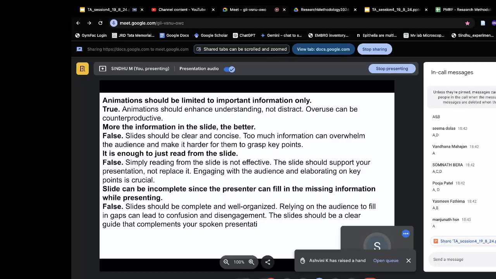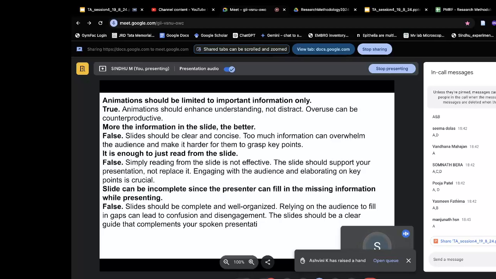Option C, it is enough to just read from the slide. Reading from the slide is not enough, because then the audience may not be able to connect with us. Option D, slide can be incomplete since presenter can fill in missing information while presenting.